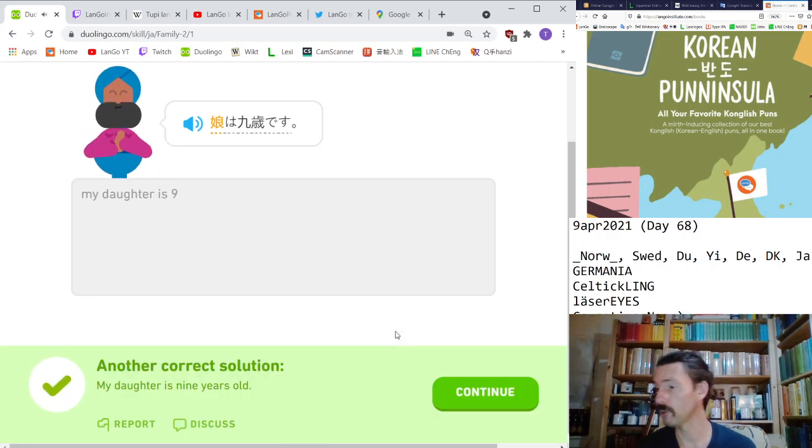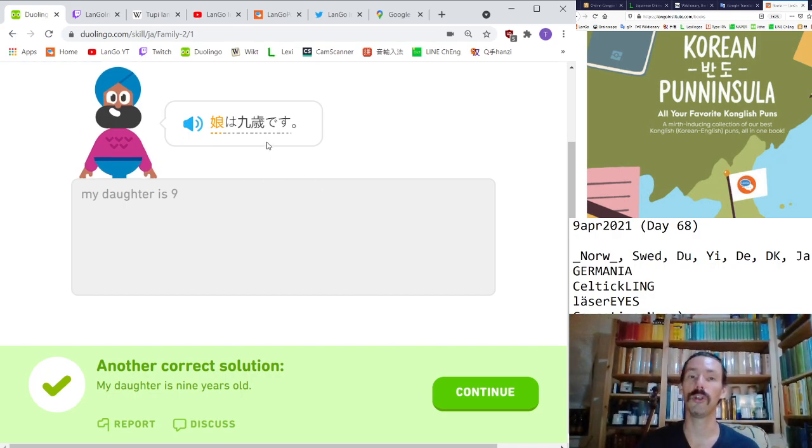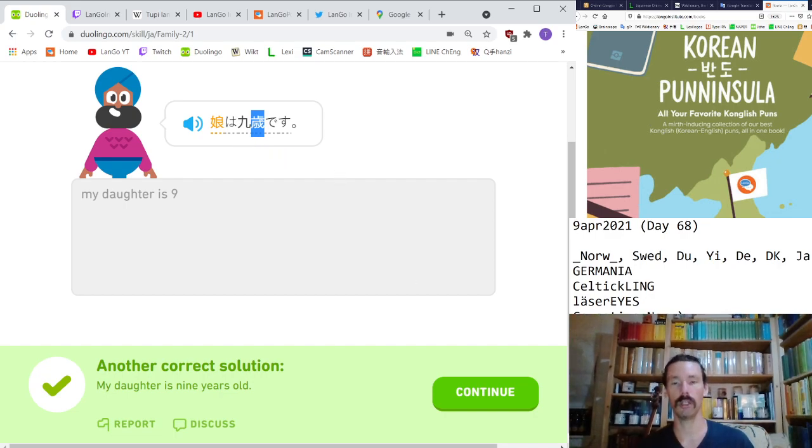So, numerals, almost always in Japanese, can be followed by some kind of a unit, a counting word. Here, sai for years of age. 9歳, 9 years old.